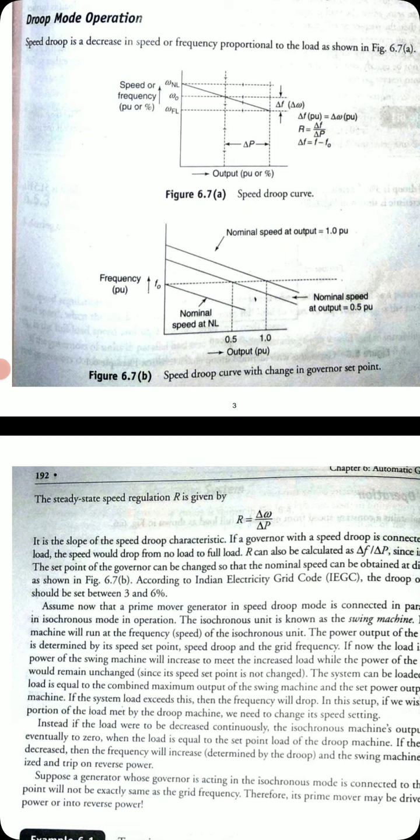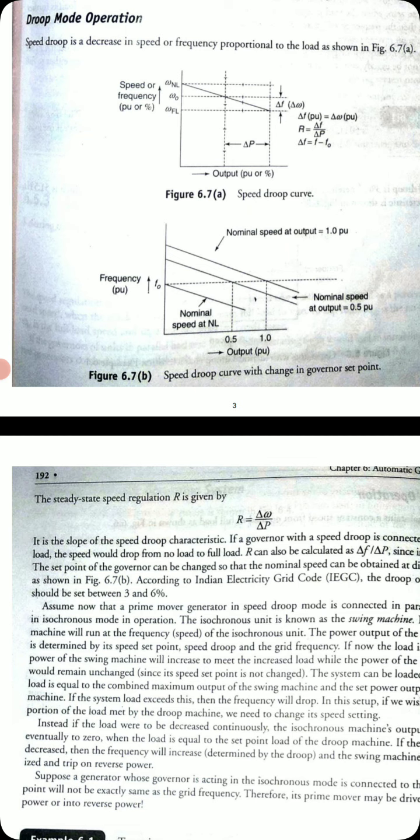R can also be calculated by delta f by delta P, where delta f is the change in frequency, which is the same as delta omega, that is speed. The set point of the governor can be changed so that the nominal speed can be obtained at different outputs. So this figure shows us what nominal speed we can get at different outputs.